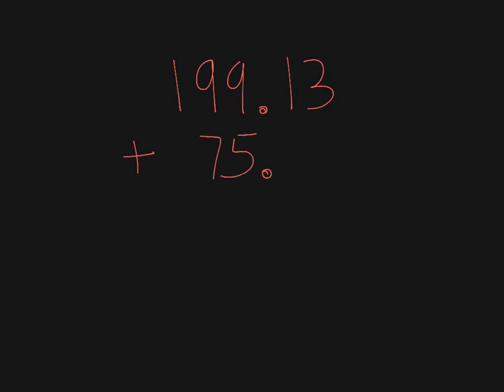Okay, let's go and move on to the next one. On the third one, it says find the sum. Here's 199 and 13 hundredths plus 75 and 2 tenths. I like to add a 0 right here and make sure your decimals line up. 3 plus 0 is 3. 1 plus 2 is 3.